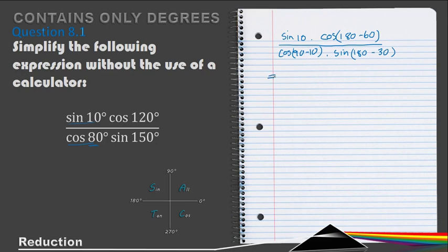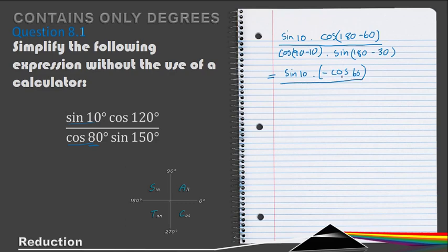So now to apply the reduction, this just stays sine 10. 180 minus is in sine's quadrant, so cos is negative in that quadrant. Negative cos. I put this in brackets so that I remind myself that it is times, not subtracted, because if I don't use the brackets, it's going to look like I'm going to say sine 10 minus cos 60.